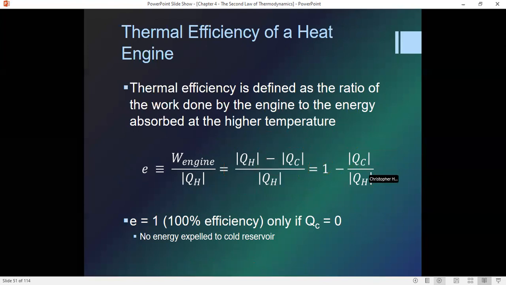And that becomes our expression for efficiency. Either the work divided by QH or 1 minus QC divided by QH. The more work we get, the higher the efficiency. The more energy we exhaust into the environment, the lower the efficiency.